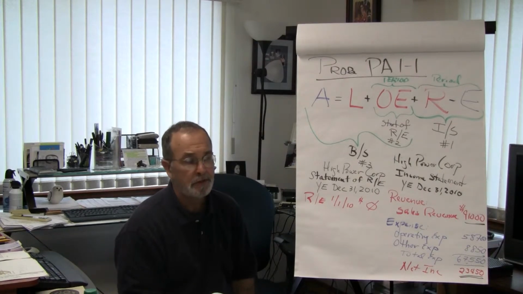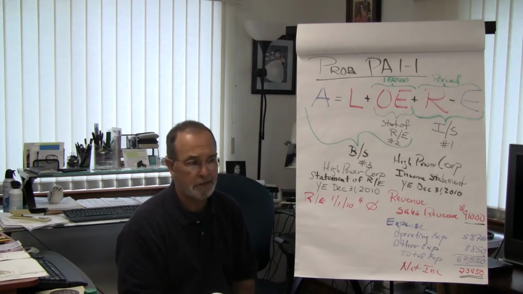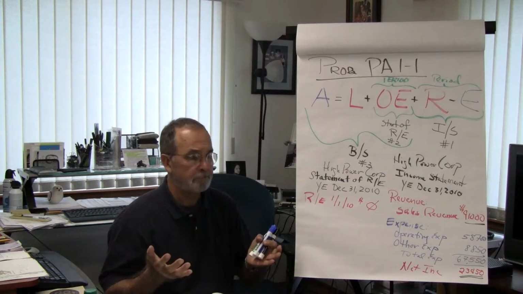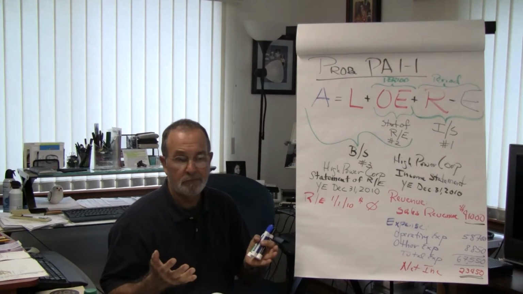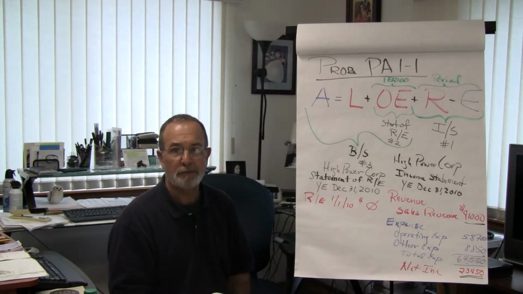Most of the time, these assets are in the form of cash, and they represent accumulated earnings of the business over time. That makes sense. For an owner, you're in business basically to make a profit, and from time to time you may be enjoying the benefits of your labor, so to speak, and you may be taking assets out of the business from time to time, generally in the form of cash.